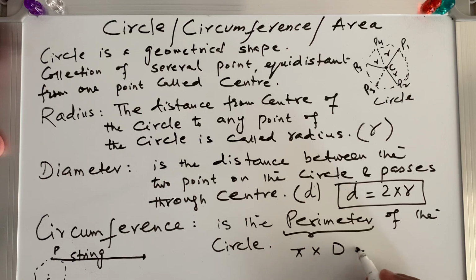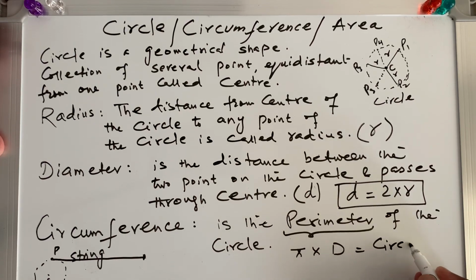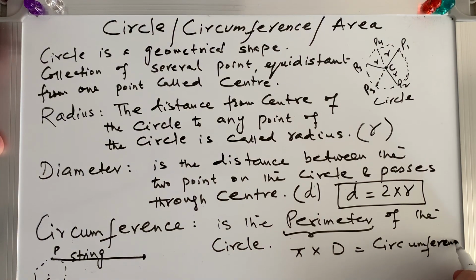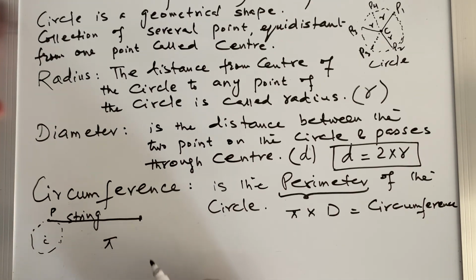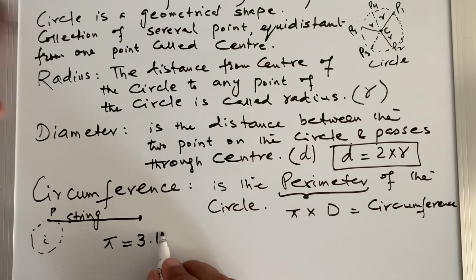Circumference is equal to pi times diameter. But what is pi? Pi is a number. In mathematics, we always use pi. So what is pi? Pi is a number, and that number is 3.141592.